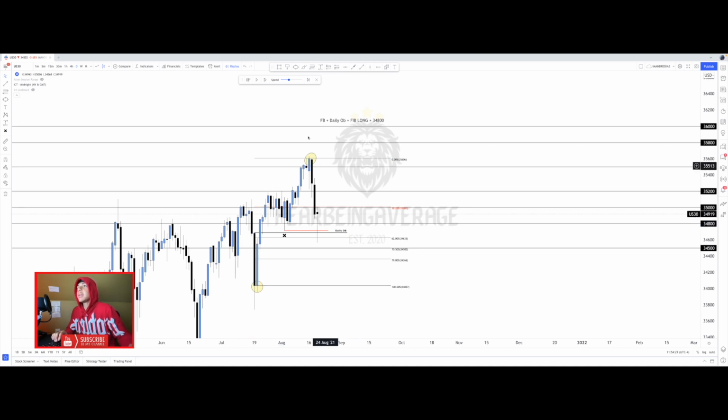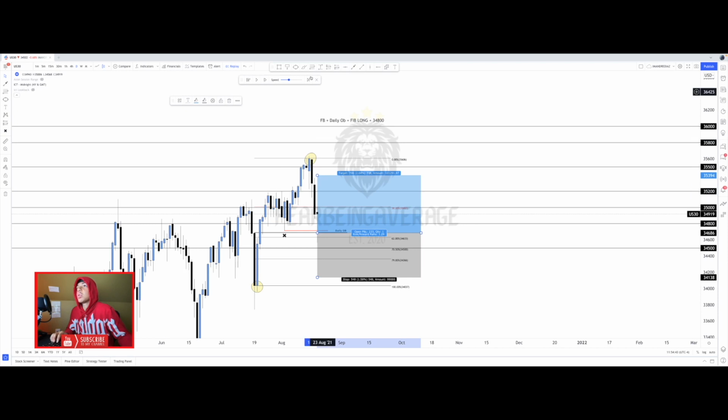So understanding these areas in price, when price retraces to the daily order block, you would have been looking for scenarios on lower time frames, or even on this time frame, the daily, to look for potential longs. And one thing you could do, the way I tend to have my stop losses, I try to keep them under the 50% of the daily order block.